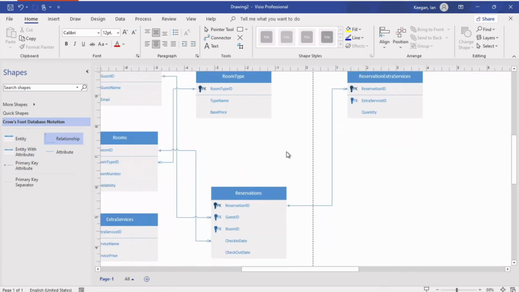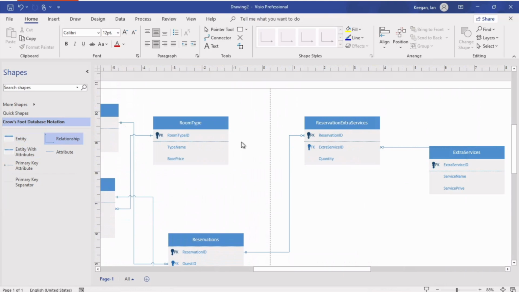All right, and here we have a relationship between the reservations and the reservation extra services table. Each reservation can have many extra services, and it's tracked in the reservation extra services table.